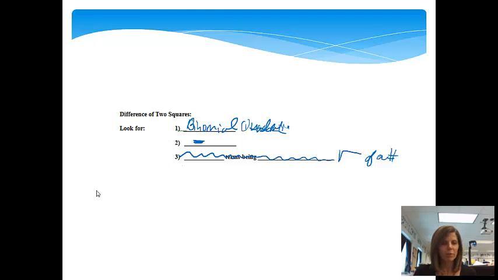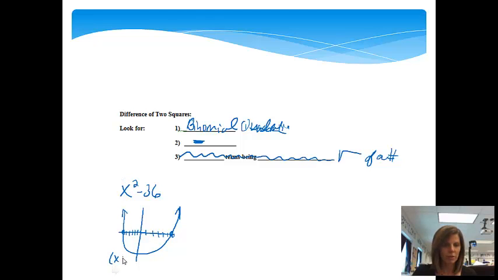Before we get into factoring, I'm just going to show some examples. If I had x squared minus 36, if you recall when we started the factoring unit, I had you graph that, and this is what that would look like. Since this hits the x-axis at 6 and negative 6, the way that this would be factored is x plus 6 and x minus 6.